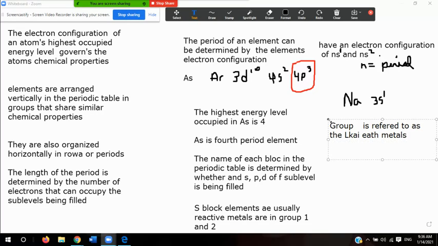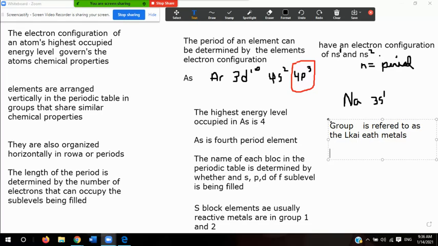The elements in group 1 range from lithium all the way up to francium.